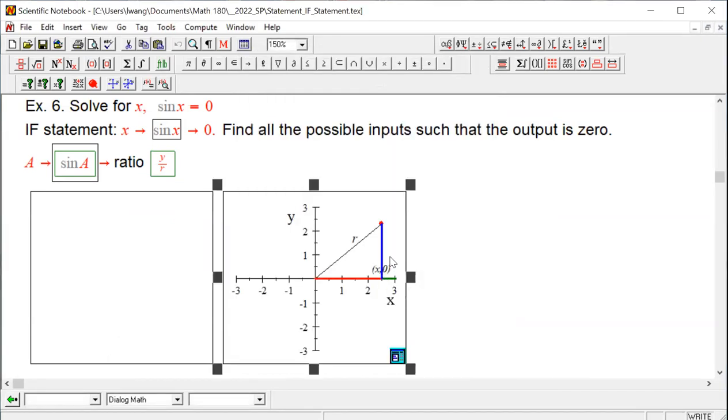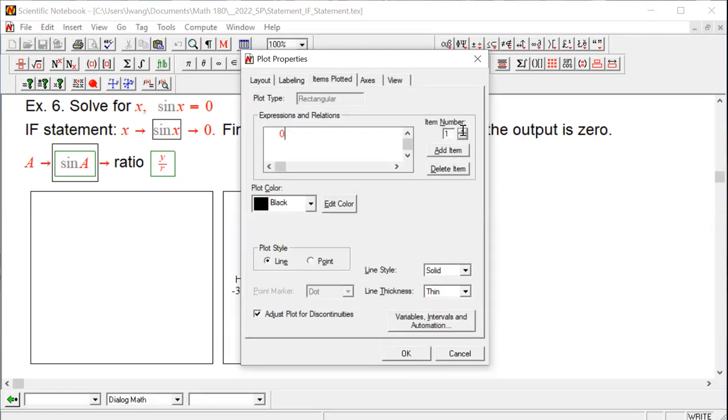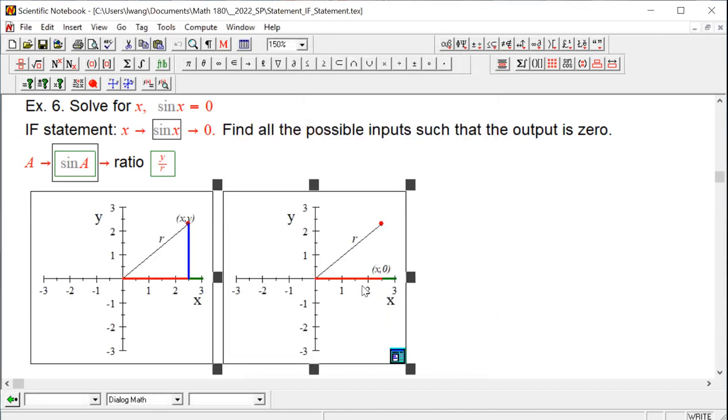So the blue line is completely gone, and this whole thing is gone.